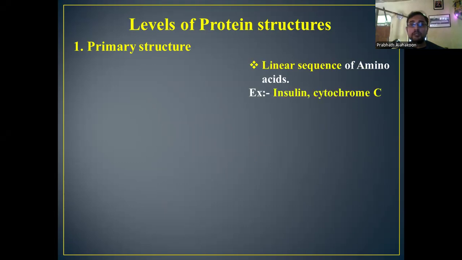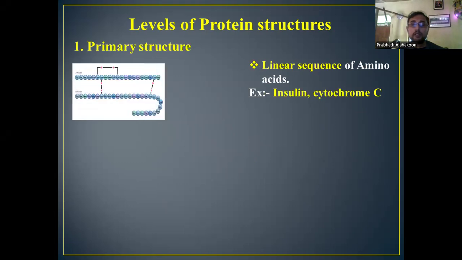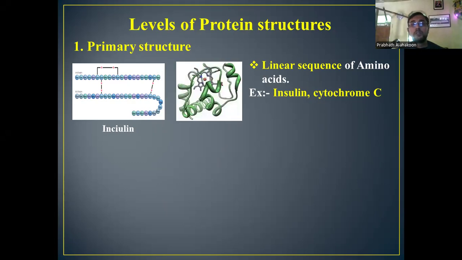Examples of primary structure: insulin, cytochrome C. First picture contains the insulin molecule structure. Second picture contains the cytochrome C molecule structure.